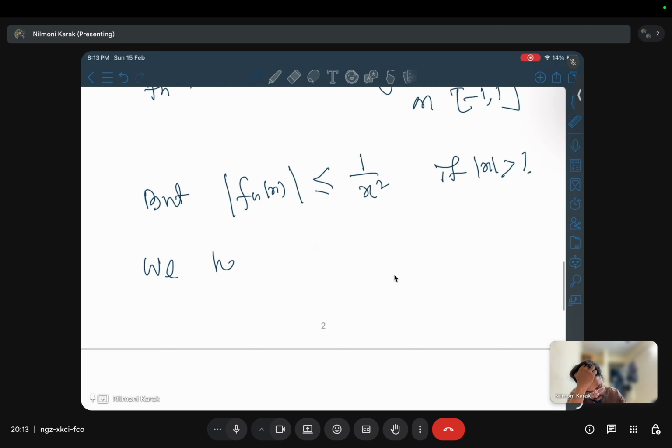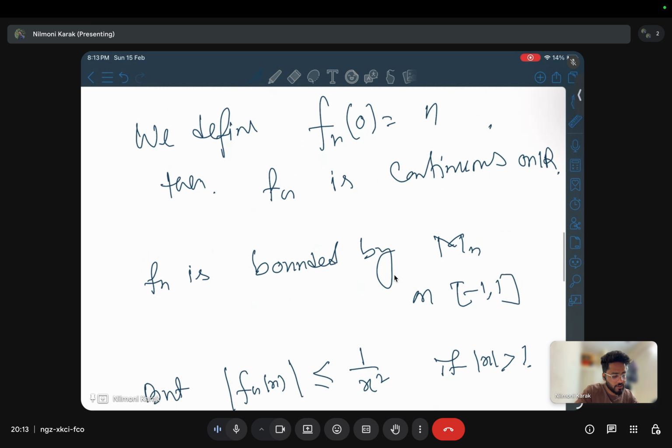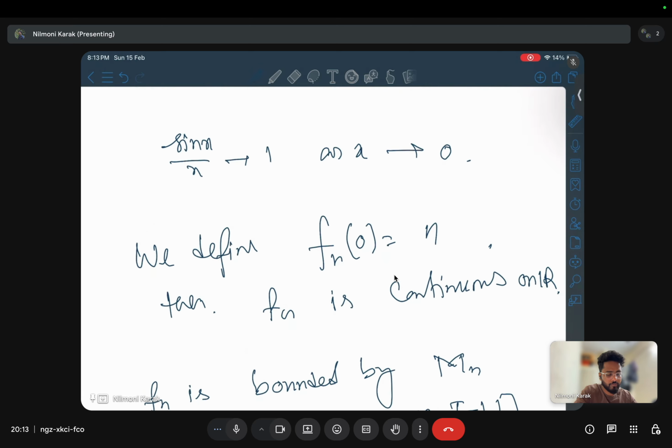Why are we interested to show fn is in L1? Because to confirm fn has a Fourier transform, it should be in L1.